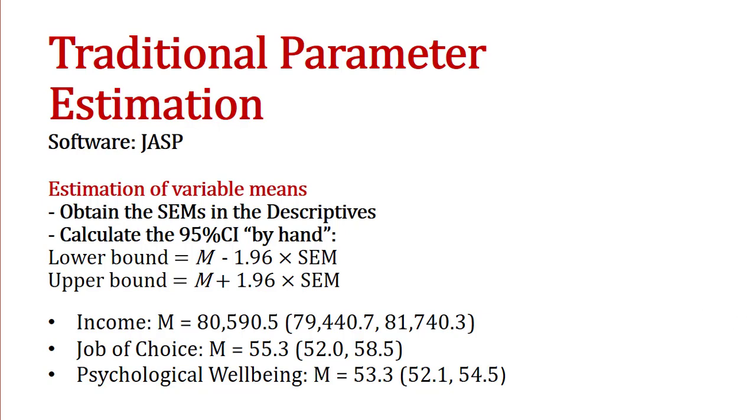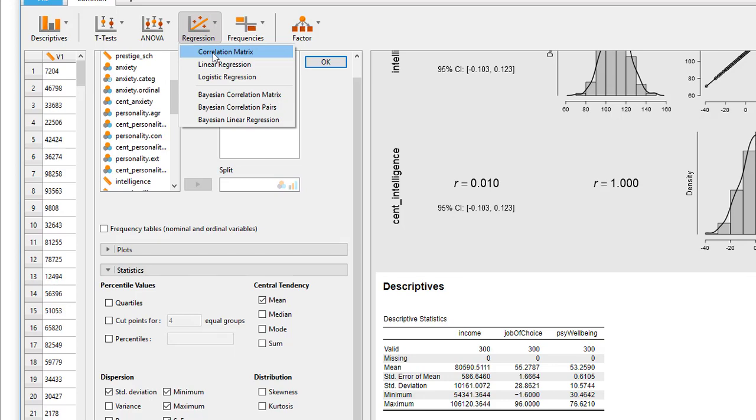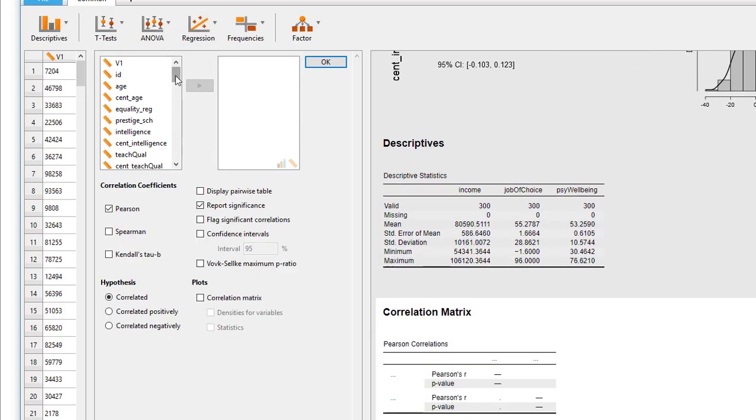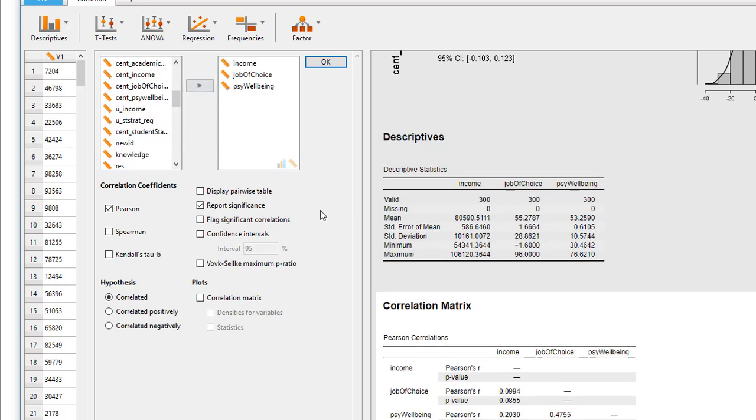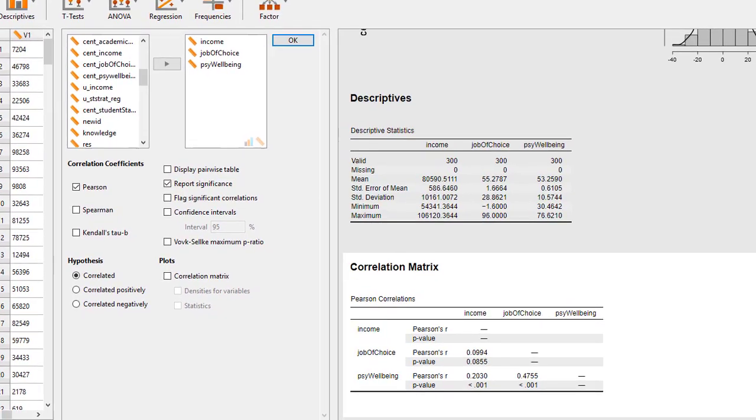Now, in order to estimate the correlation, we go to regression and correlation matrix. And again, we put the variables that we are interested in: income, job of choice, psychological well-being, and we get here the correlation matrix.